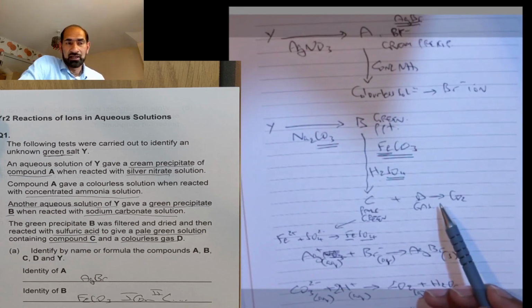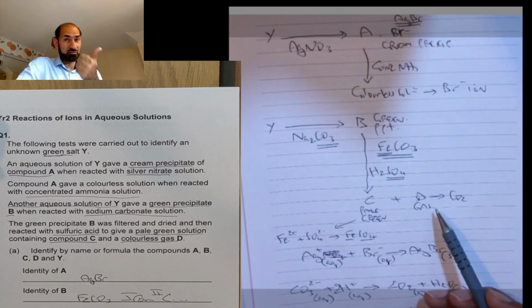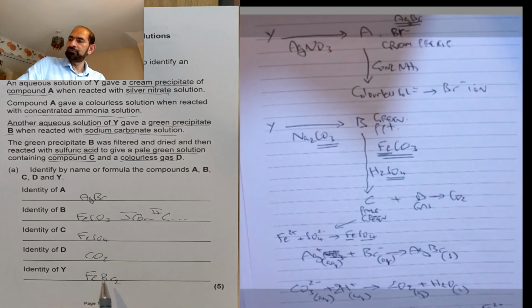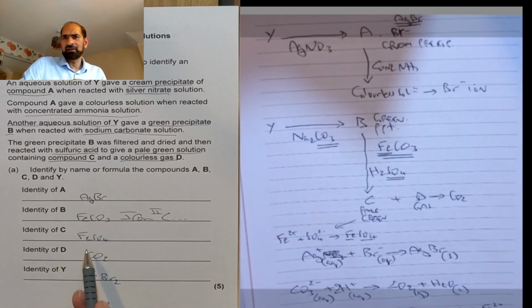And of course, the other problem is that if you don't memorize the colors and the metals, you're going to find this difficult. The other problem here is that they sometimes put FeBr3, in other words, Fe3. Even if they realize that it's Fe2 plus, in a rush, they might put FeBr3, so be careful of that.